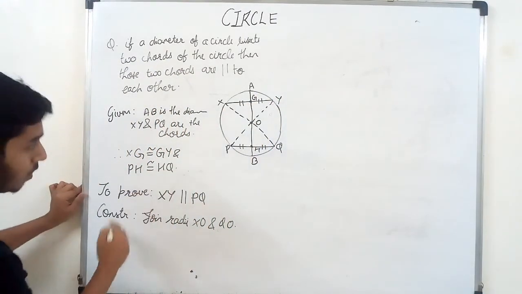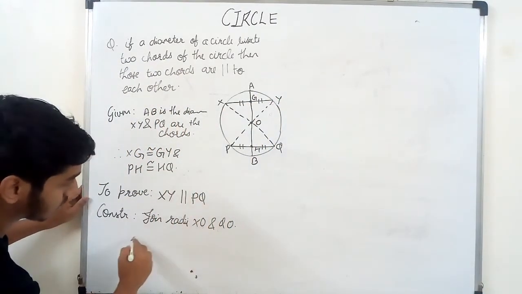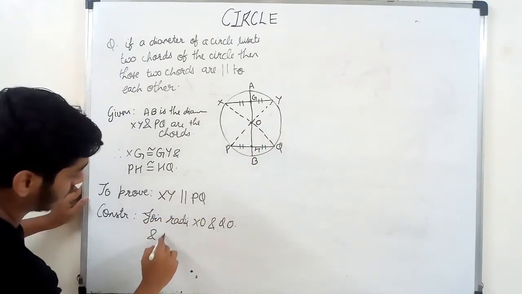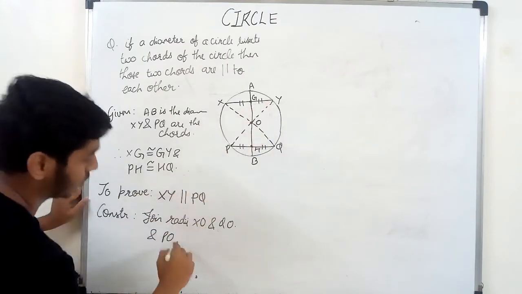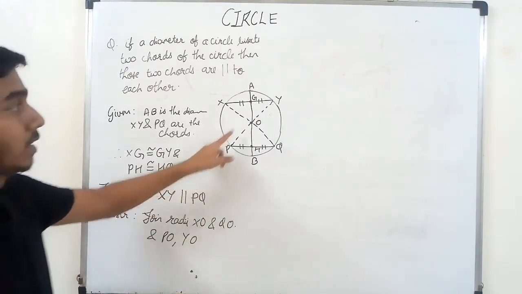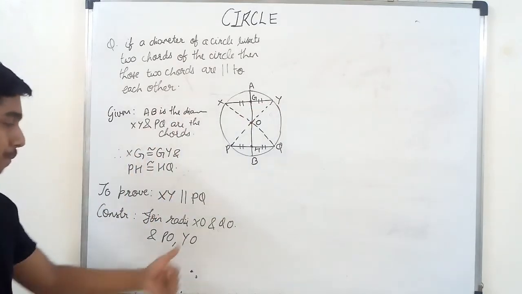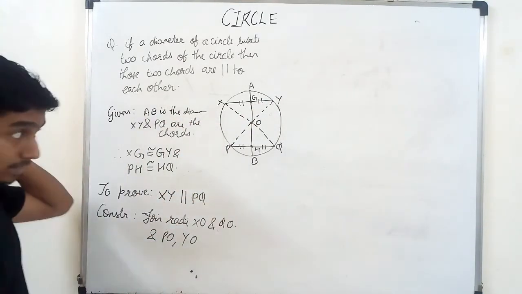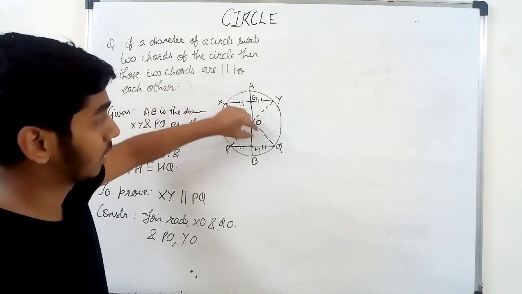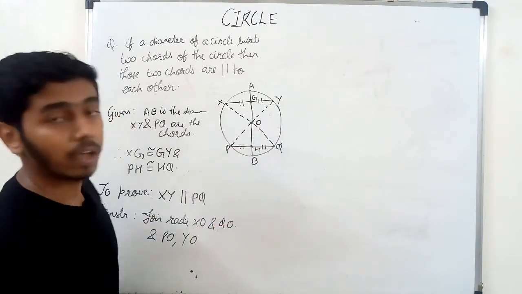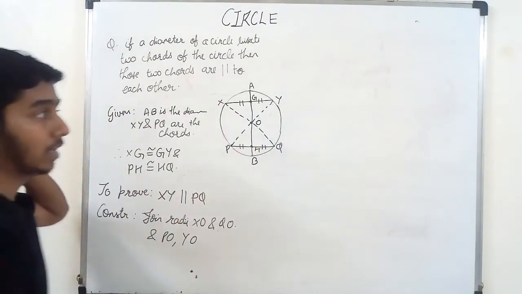So we are extending what? Join radii XO and QO, and also PO and YO. Okay, so we have joined PO and YO also. So now let's see the proof. I told you this considering this triangle and this triangle, but if we consider XOY and POQ, it will be easier for us.